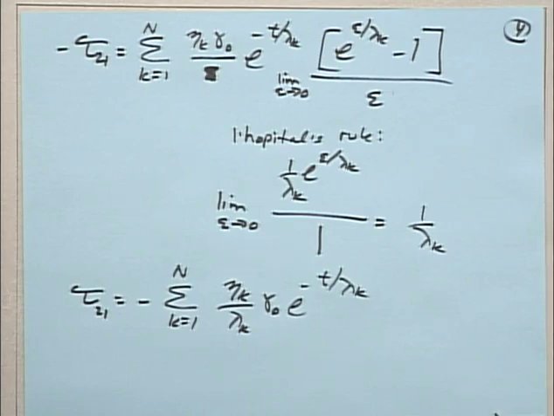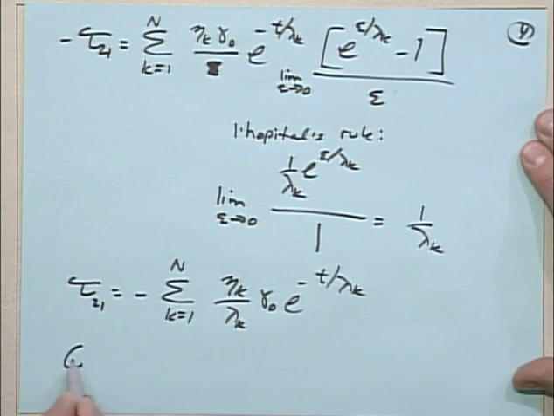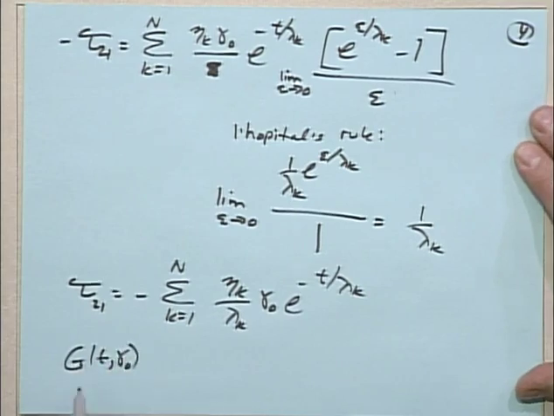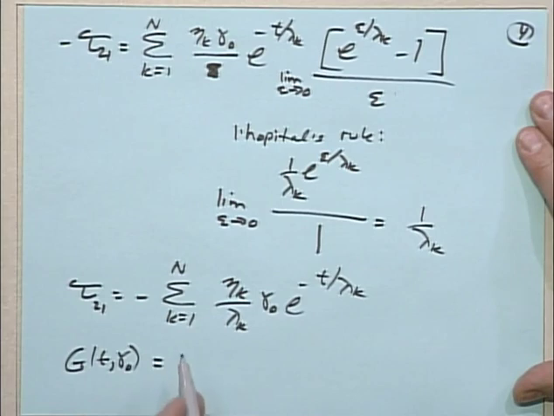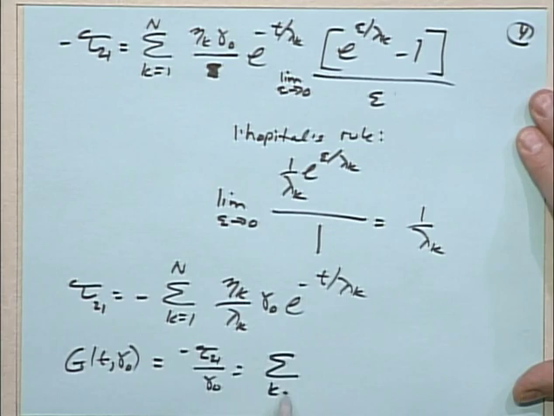Now we plug it into the formula for the relaxation modulus, so that means we divide it by gamma naught, and we get g of t. In principle, it's a function of gamma naught, but it turns out not to be. It's minus tau 21, so that minus sign goes away, and that gamma naught goes away. It's the summation k equals 1 to n, eta k over lambda k, e to the minus t over lambda k.